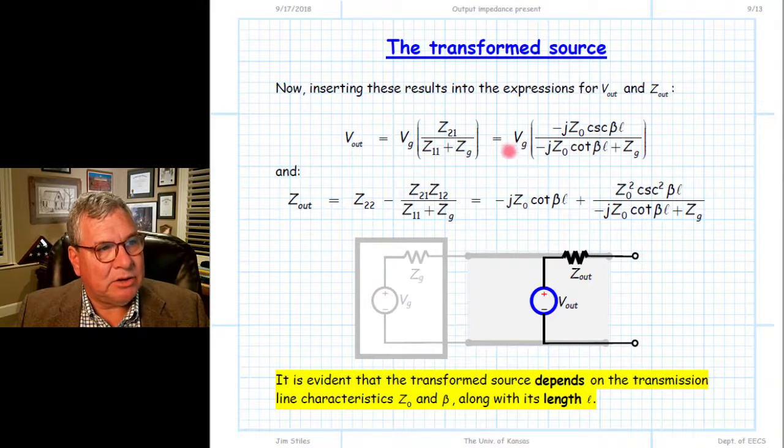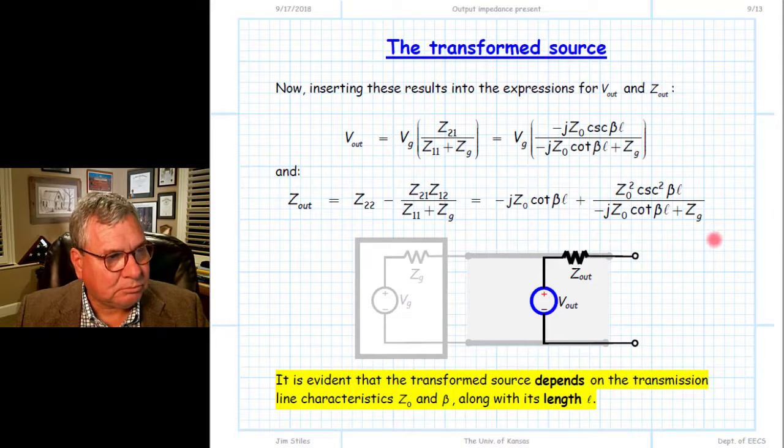Notice it has the right units: a coefficient times a voltage. Notice it depends on all the parameters of our circuit: the transmission line parameters Z0, beta, and L, as well as the voltage source and source impedance of the original source. The same is true for V out and for Z out.